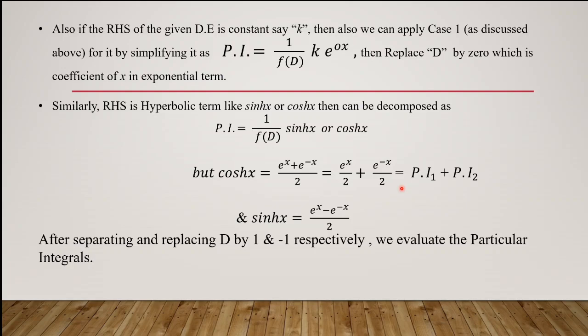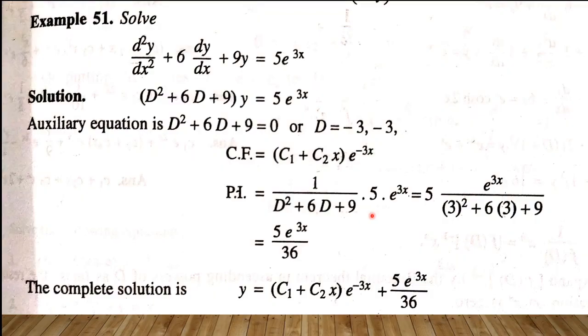So PI1 plus PI2 will be PI, and in general complete PI plus CF will be the solution. So this is how hyperbolic trigonometric terms are convertible to case number 1. So what sub cases did we see? One of them is the constant term, another one is hyperbolic, which are again convertible to case number 1.